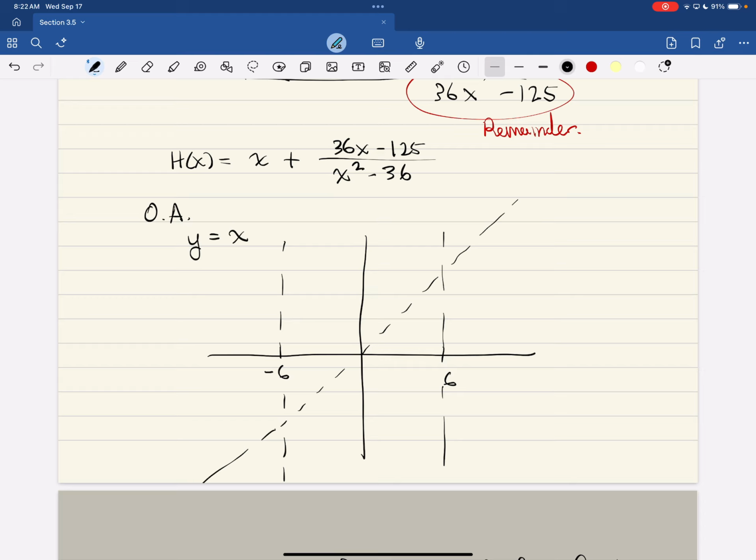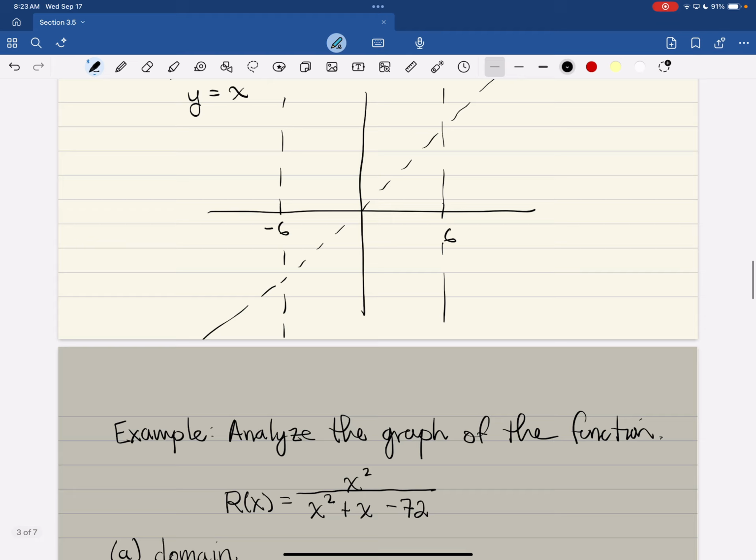Large negative, fairly large negative number, and then you're going to have something a little bit larger than 36 minus 36, and so you would have a fairly large negative number over a number that's approaching 0 from the right. It's positive, right? So I think our graph is going to look something like that down here, right?